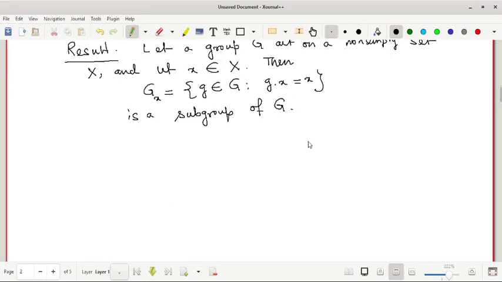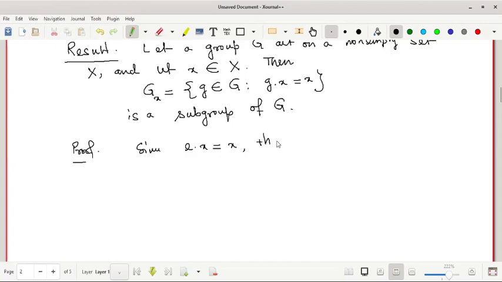Fine, let us prove. Is it non-empty? Yes, it is non-empty. Why? Since e dot x is equal to x, x is fixed.